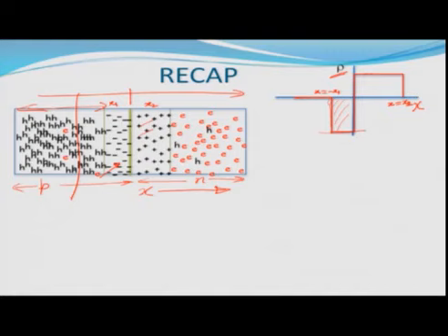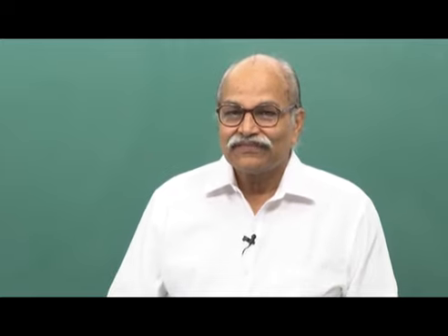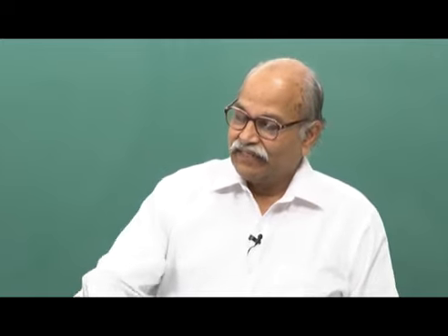If you have this kind of charge distribution, then it creates an electric field. The electric field will be linear in the two regions. Why do I say it is linear? Let us calculate it. I plot the charge density rho as a function of x.